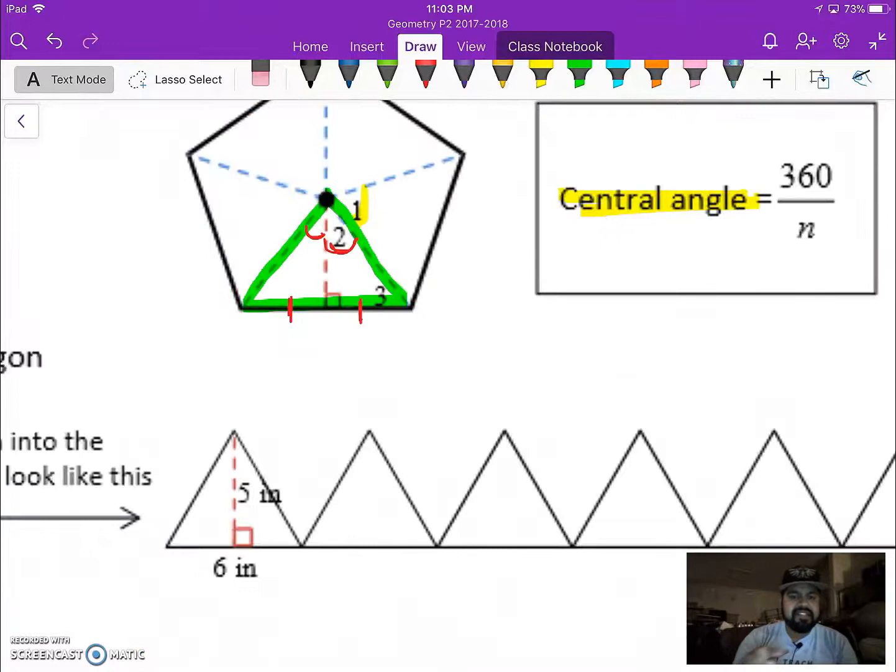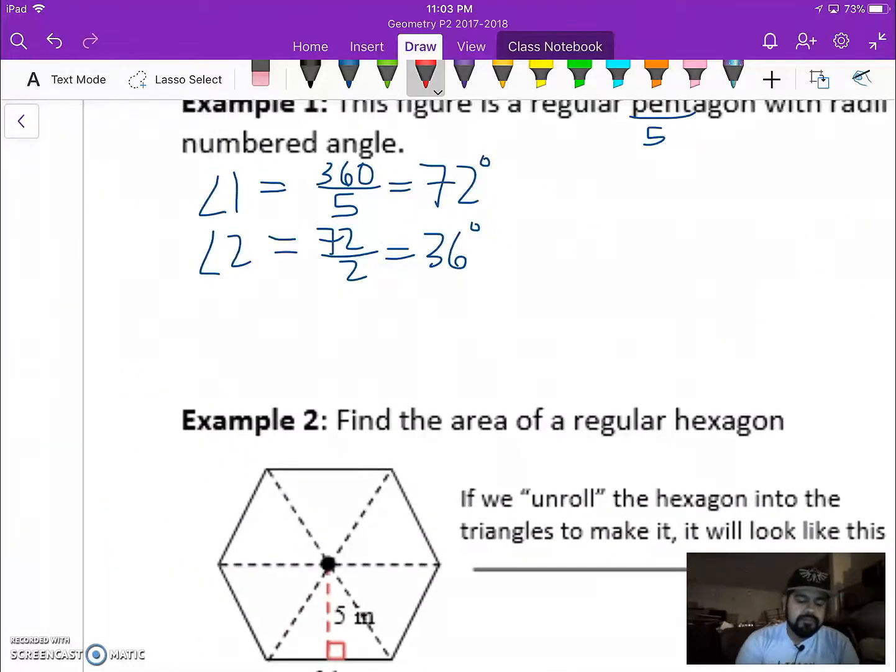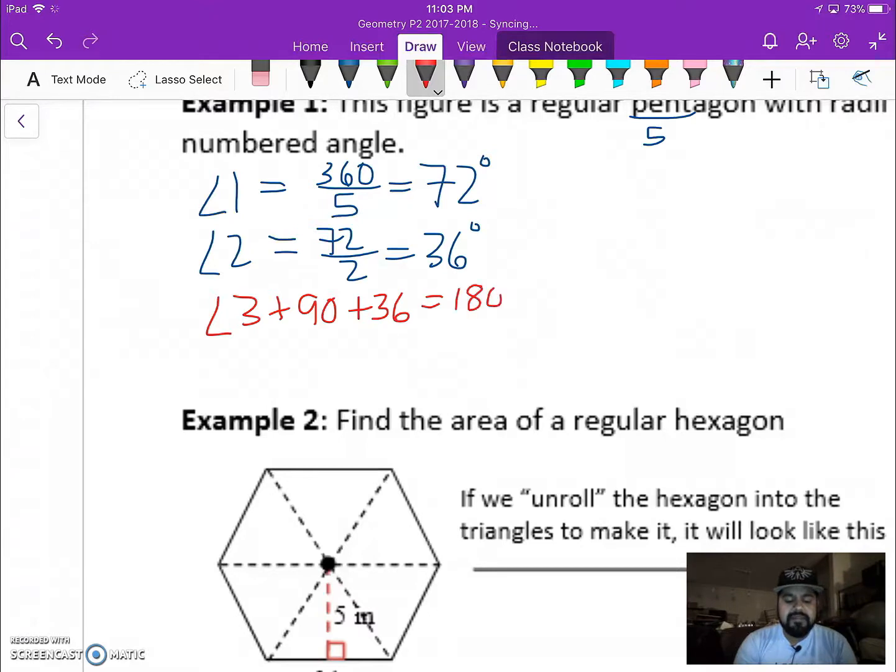Now, angle 3. Notice that that's inside of that smaller triangle right here. So all those angles have to add up to 180. One of our angles we just found was 36. The other one is 90. So angle 3 is going to be found by adding the 90 and the 36, and then subtracting that from 180.